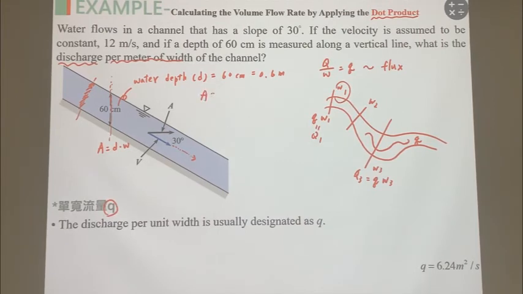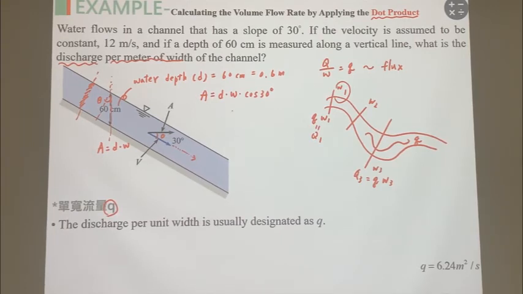So our final total cross-section area perpendicular to the flow direction is equal to d multiplied by width multiplied by cosine theta. And the theta angle in here is 30, and this again is 30. The theta is the same. So we do the cosine 30 degrees to project the cross-section area to along these directions.